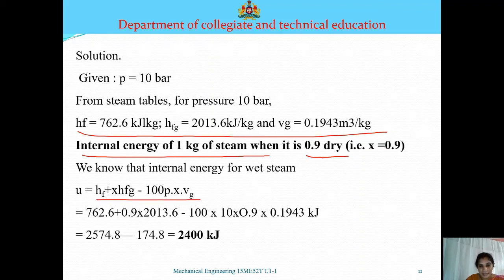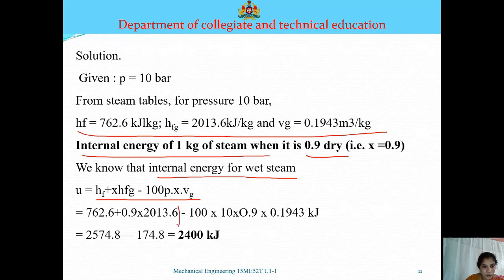If we have x, then the condition of the steam is what? It's a wet steam. Then I'll write the formula of internal energy for wet steam. So what is the formula? U equals hf plus x into hfg minus 100 P into x into vg.